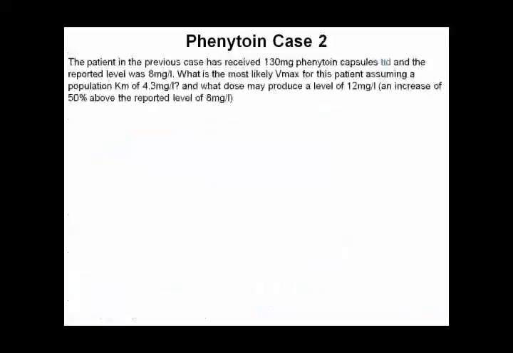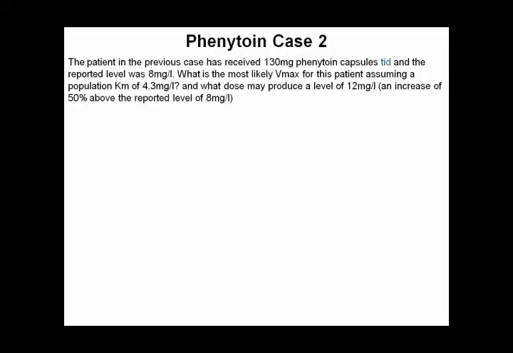Another case: if the patient that we talked about earlier received 130 milligram TID and the level at steady state was 8, then what is the most likely Vmax in that patient? Since we have one level only, we will use Km of the population.